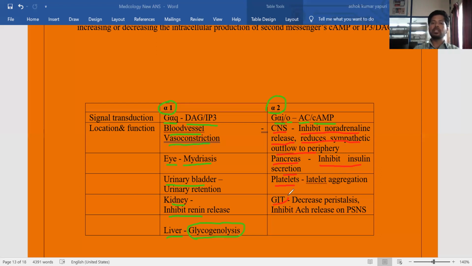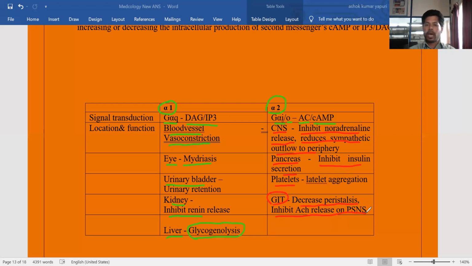Next, the effect of alpha-2 receptors on the GIT. Alpha-2 receptors are also present on the gastrointestinal tract. When alpha-2 receptors are activated on the GIT, there is decreased peristaltic movement, and this is because of inhibition of acetylcholine release from the parasympathetic nervous system.